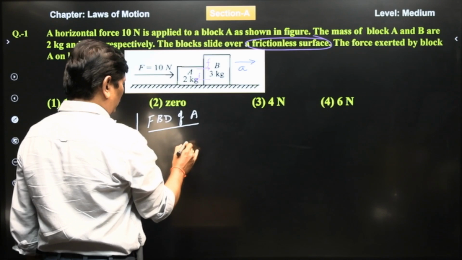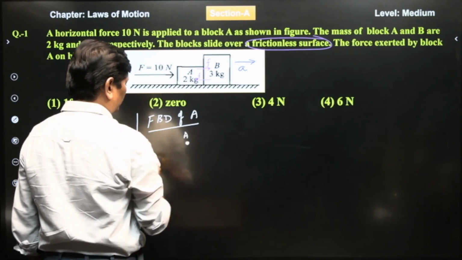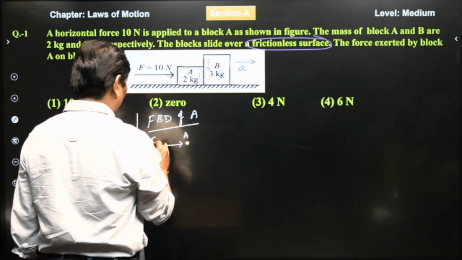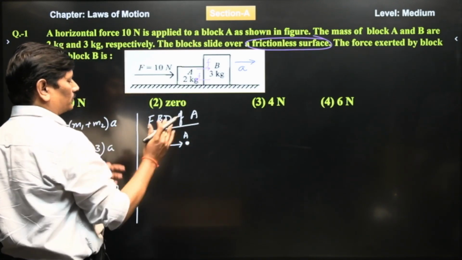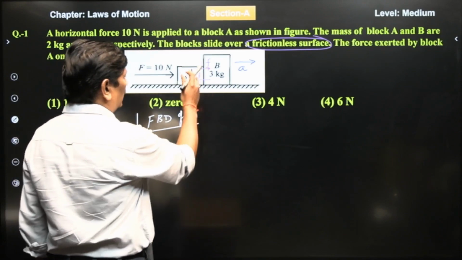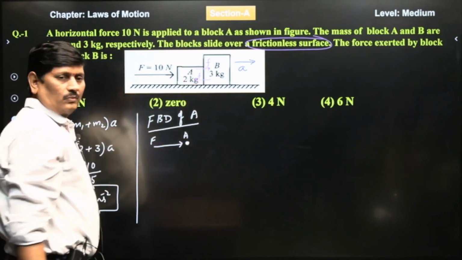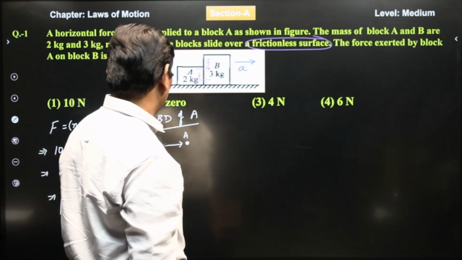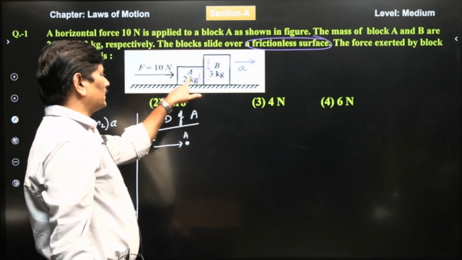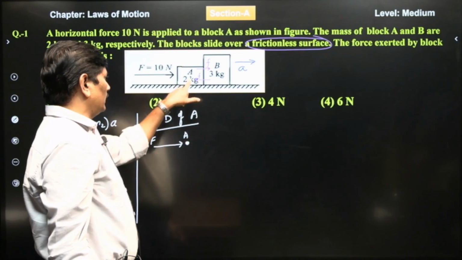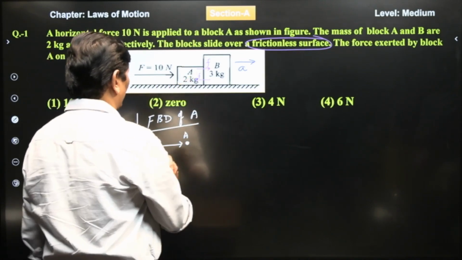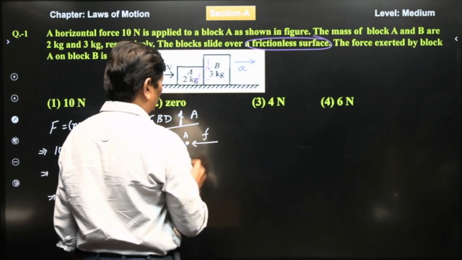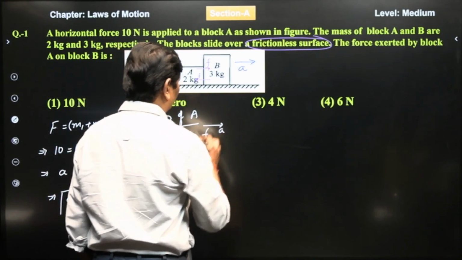While taking the free body diagram of A, that A is this point mass like this, and it is acted upon by F from left to right, and by B. As we know, while representing the free body diagram, we have to see what are the forces acting on the body. On A, what are the forces acting? One is capital F and the other one is contact force f, and the system has acceleration A.